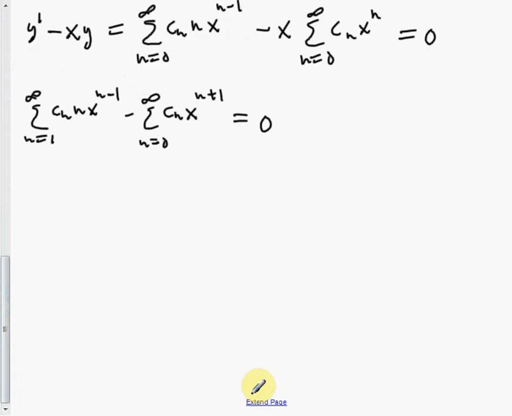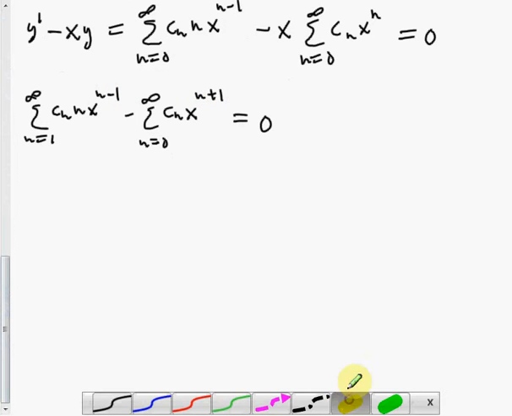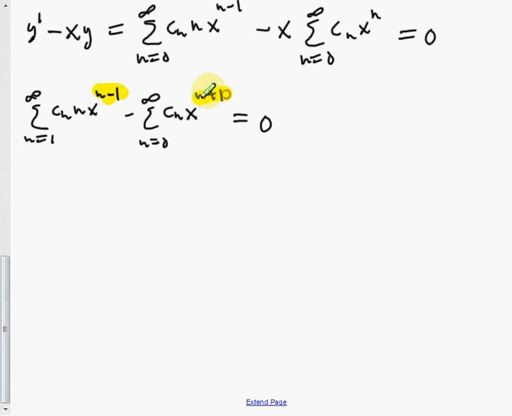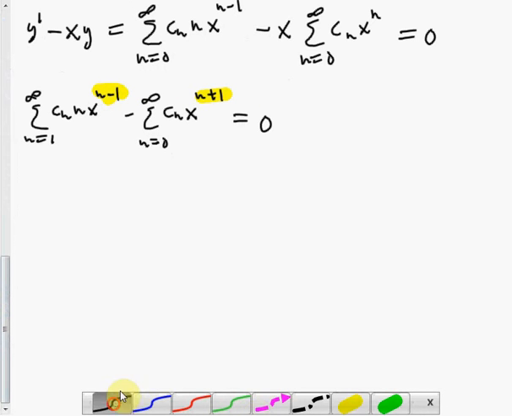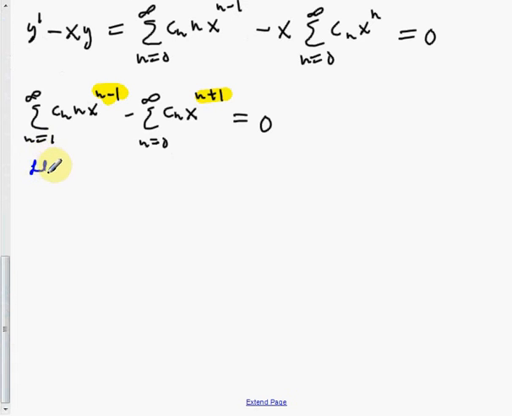Well, so now we're going to say for the first summation, let k equal n minus 1. For the second summation, let k equal n plus 1. Let k equal n minus 1.